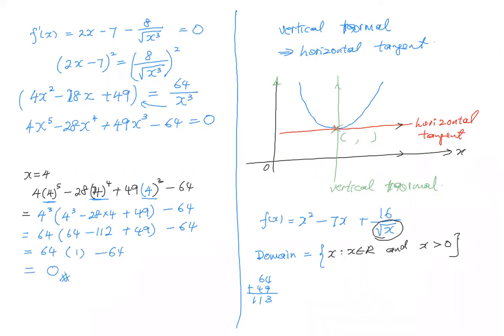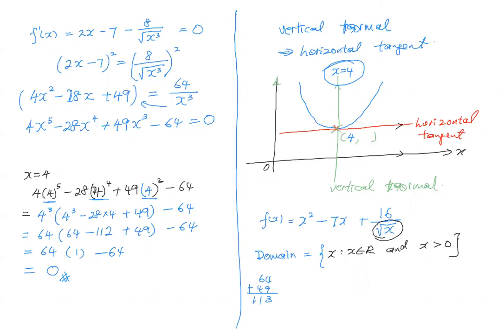Okay, so you know that x equal to 4. So since I want a vertical tangent, the equation is x equal to 4. That's it. I want a vertical normal.